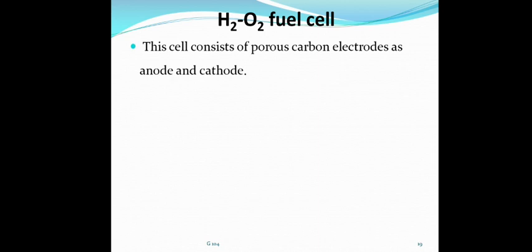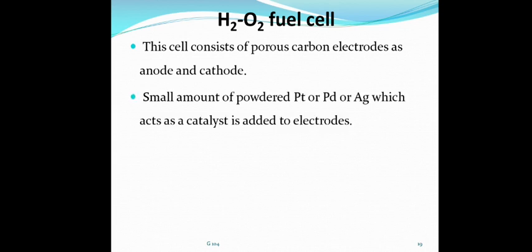This cell consists of porous carbon electrodes as anode and cathode. A small amount of powdered platinum, palladium or silver, which acts as catalyst, is added to the electrodes. Why are we using platinum, palladium or silver? Because hydrogen can be absorbed by platinum, palladium or silver.